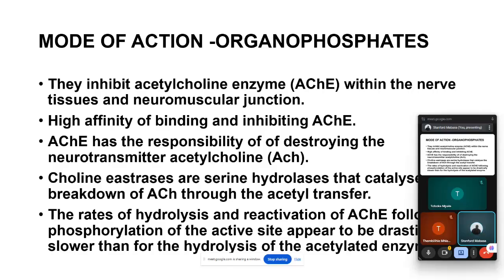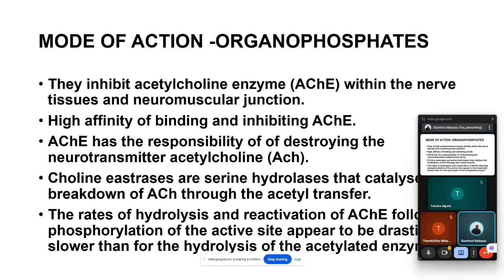Nervous system actually transmits messages or signals, if you want to call them. What enables a nervous system to transmit signals is an enzyme called acetylcholine enzyme. The other substance which also helps to transmit the message is known as acetylcholine, or ACH.